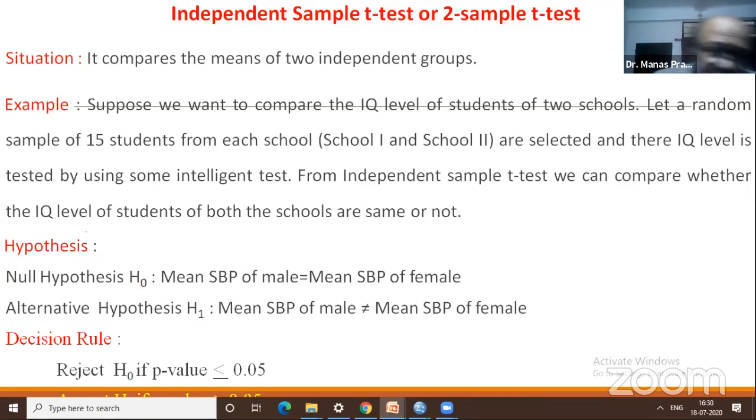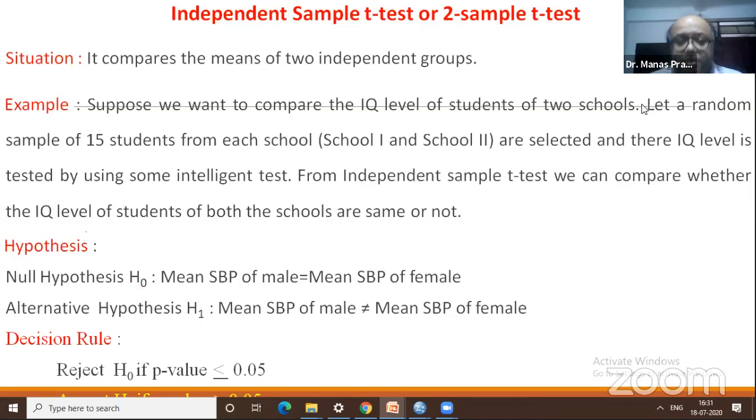So in that case, I have to use the independent sample t-test or two sample t-test. When we have two independent groups and I want to compare the means of both the groups, then I have to go for the independent sample t-test. This situation compares the means of two independent groups. Suppose we want to compare the IQ level of students of two schools.